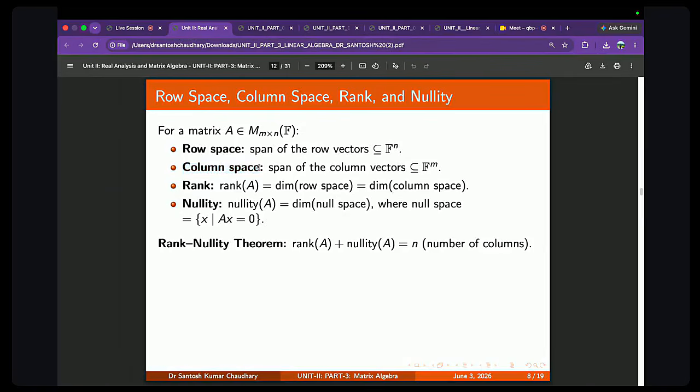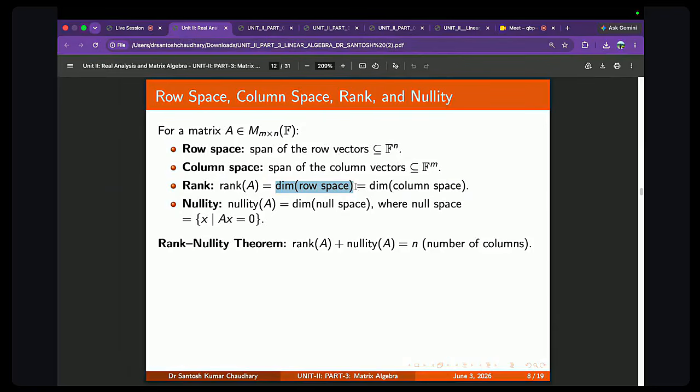Even if it is a 10 cross 20 matrix, still the number of linearly independent rows and the number of linearly independent columns will be equal, and that is equal to the rank of the matrix. So the rank of a matrix is the dimension of the row space, which is equal to the dimension of the column space. The dimension of the column space means the number of linearly independent columns, and the dimension of the row space means the number of linearly independent rows.